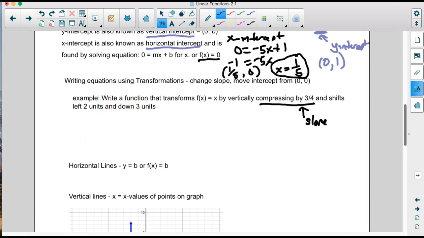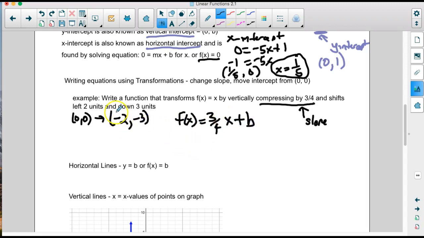So when we shift left 2 and down 3, we've started at 0, 0, and we've moved left 2, that's negative 2, and down 3 would be negative 3. So we're going to go through that point. We know the slope, so we have this function that says 3/4 x plus b.